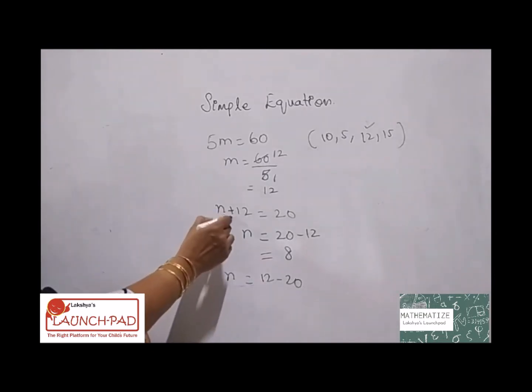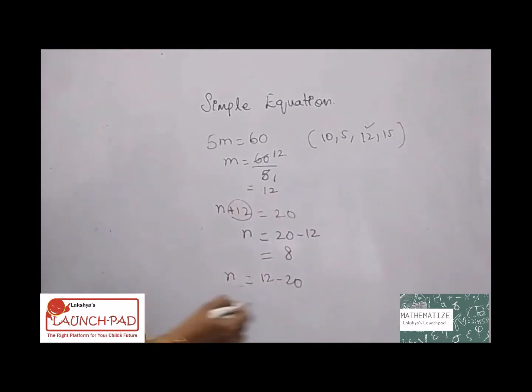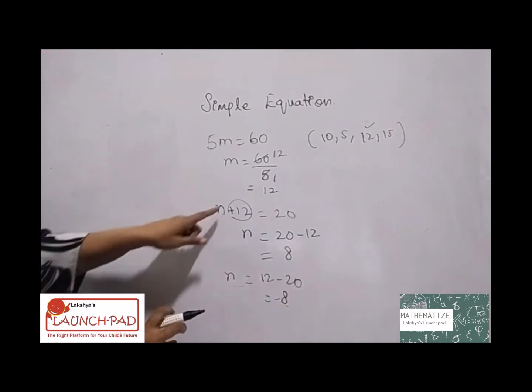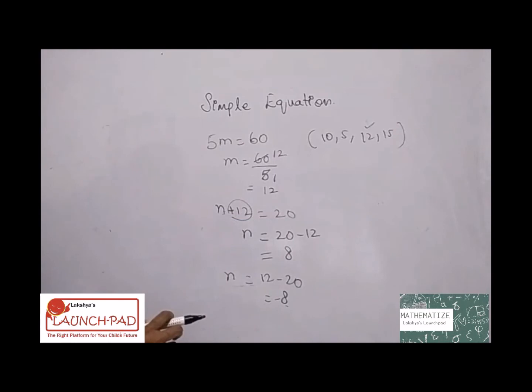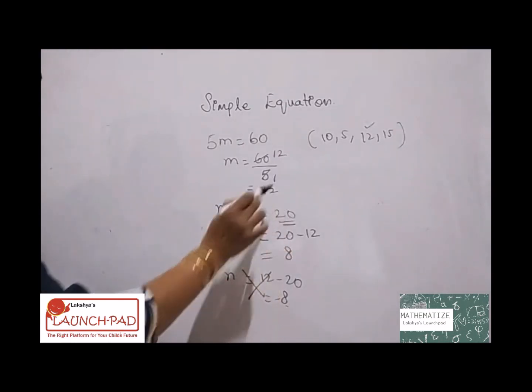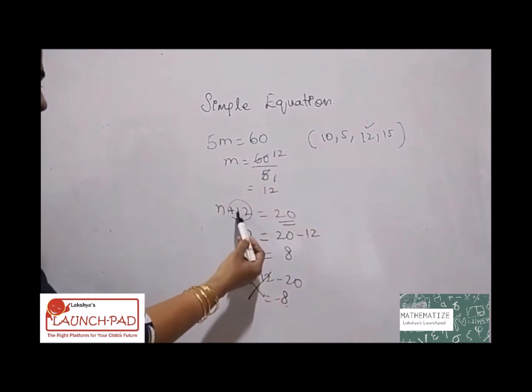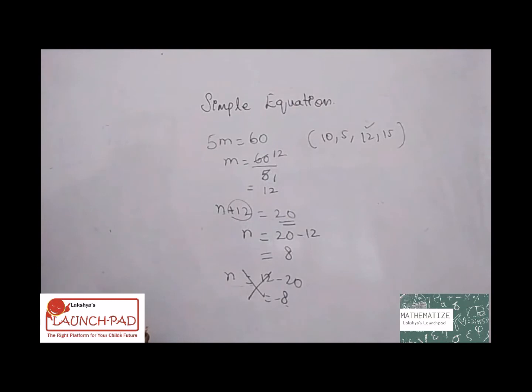We already know plus 12 will become minus 8. If I substitute minus 8 here, it will become 4. That is not my answer. So you should not write like that. The existing number should remain the same. Whatever you are shifting to the other side, write it after that. Always remember that. Okay, ma'am.